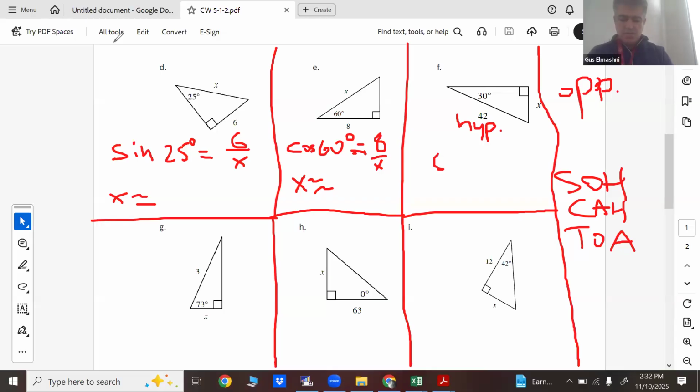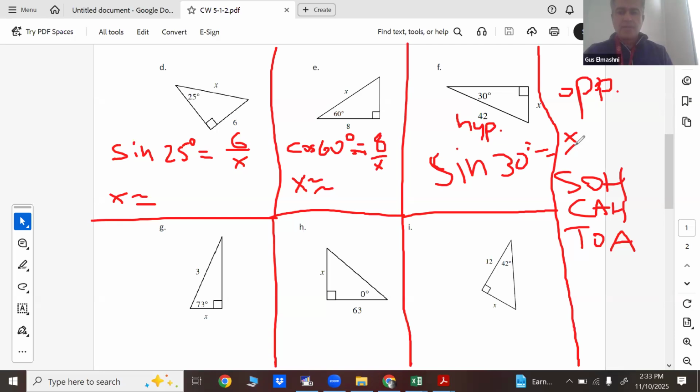Oh, and then, if it's H, it's sine. Sine 30 degrees equals X over 42.